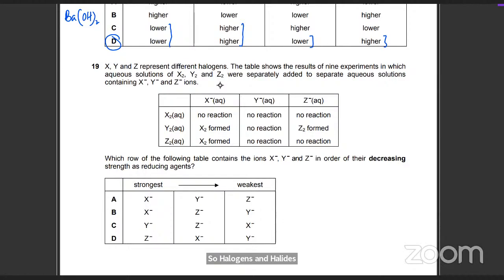Which row contains the list of the ions in decreasing strength as reducing agents? That's the first thing. If I have Cl-, Br- and I-, which one is a better reducing agent? I-. Down the group, they become stronger.